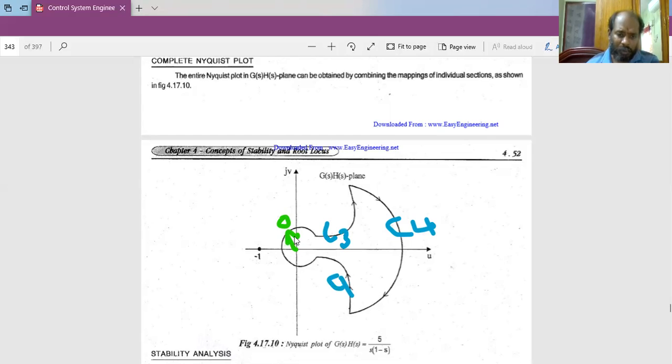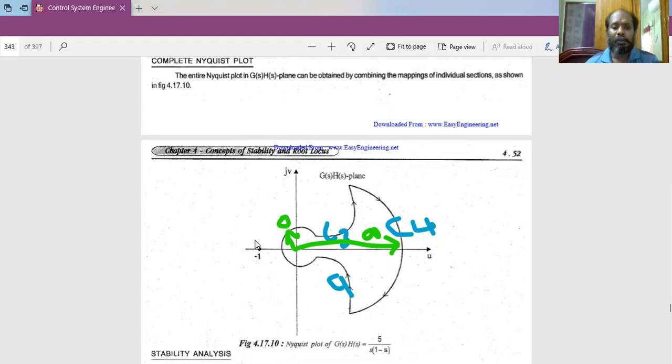In the diagram, you are having such a big semicircle available here, but the radius is very 0, very small value. And what is this radius? This radius is infinite. Since this is very little value, it will not cover this -1 plus j0 point.